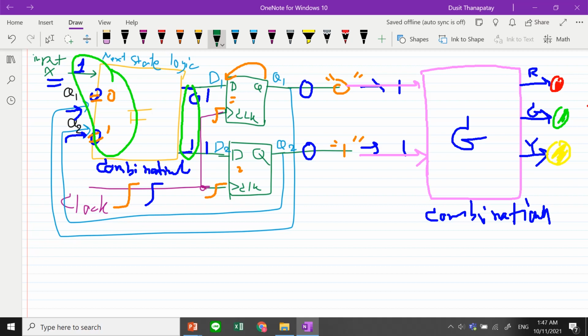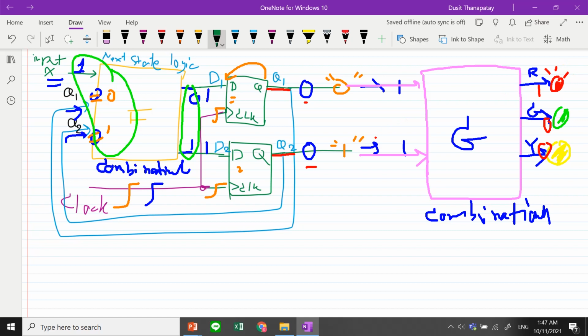For example, when the value of state variables Q1, Q2 is 0, 0, the input of G is 0, 0. Maybe it gives the output red turned on: R is 1, G is 0, Y is 0. That means for state 0, 0 we turn on the red lamp.